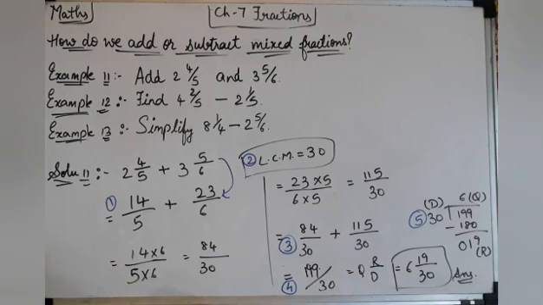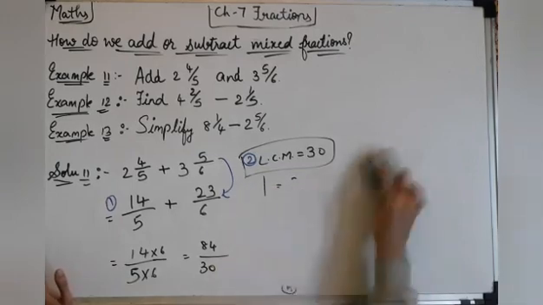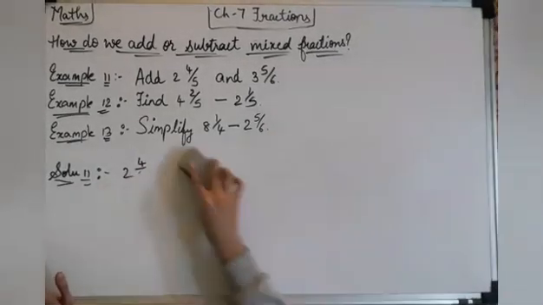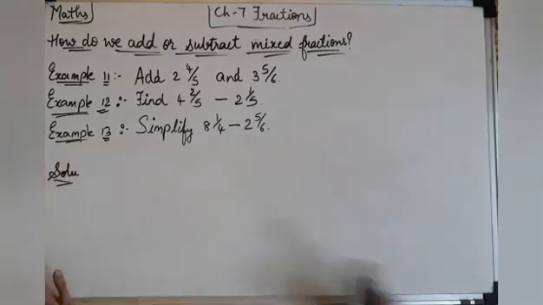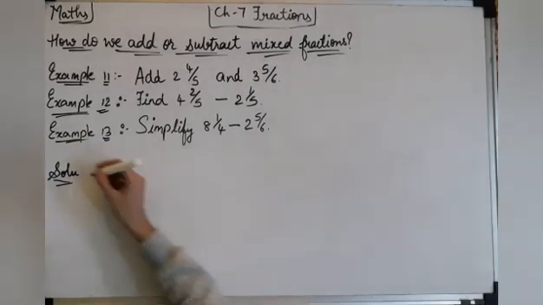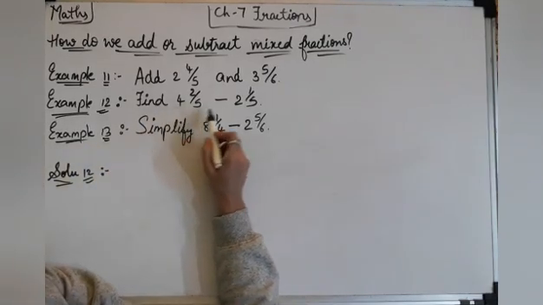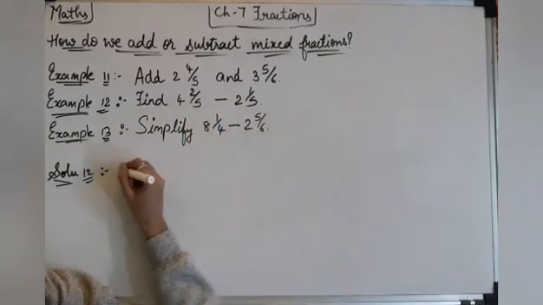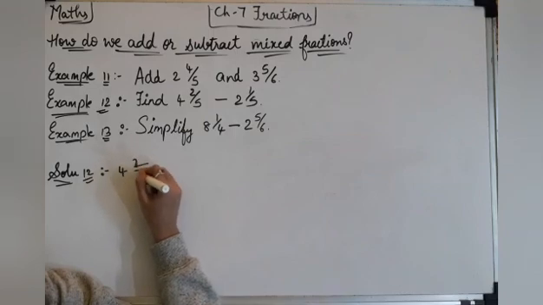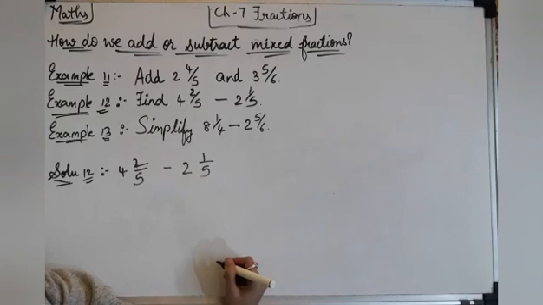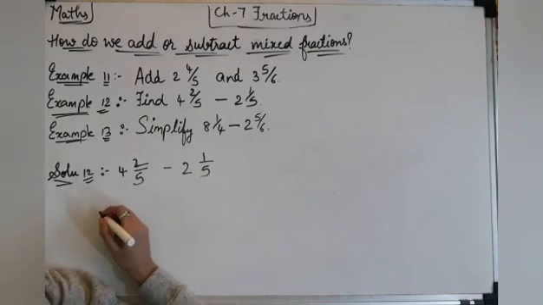Okay. Now moving to the next sum. Example number 12. Same 5 steps we are going to do in this also. Find 4 integer 2 upon 5 minus 2 integer 1 upon 5.